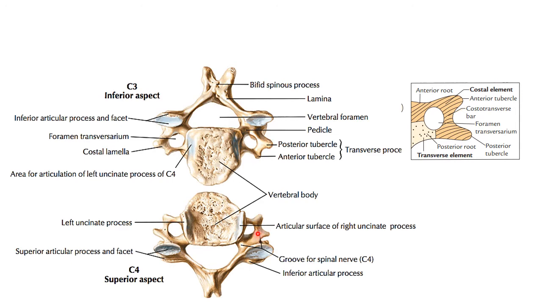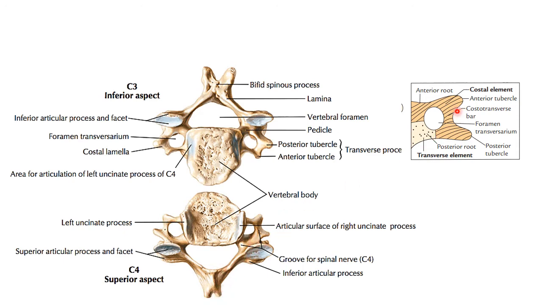So the costal element consists of the anterior root, the anterior tubercle, the costotransverse bar and the posterior tubercle. The posterior root represents the transverse element of the developing vertebra, and the spine is short and bifid.